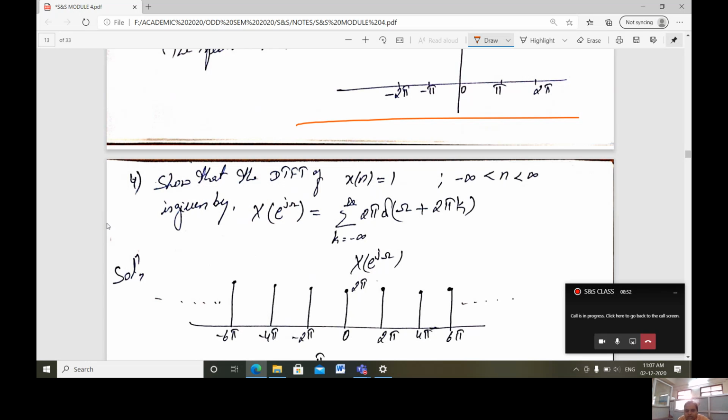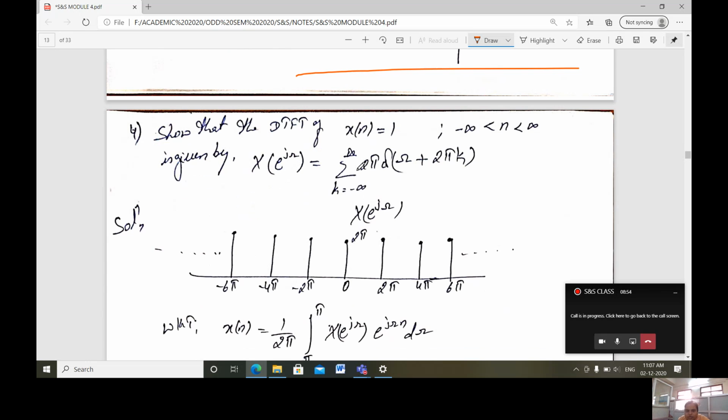Then the solution: what is X of e raised to j omega? I can write the equation as, at 0 it will be 2 pi, because here the magnitude is 2 pi for the delta function, and it varies in increments of 2 pi, means periodically it is varying with the period of 2 pi, right?